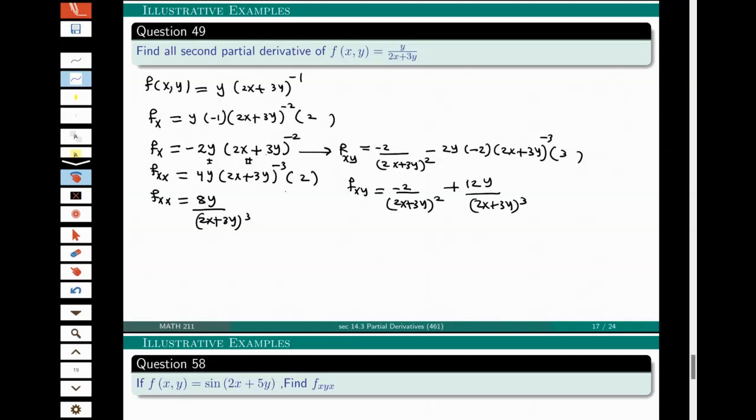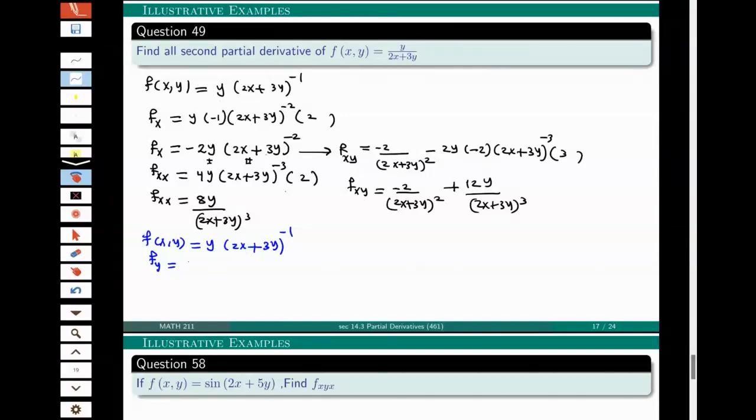Now, if we say I have f of x y, which is equal to y times 2x plus 3y raised to the power minus 1, differentiating with respect to y, that's the product rule.